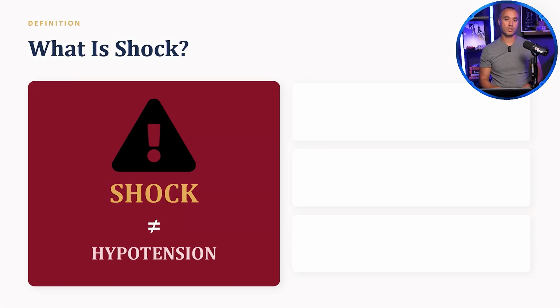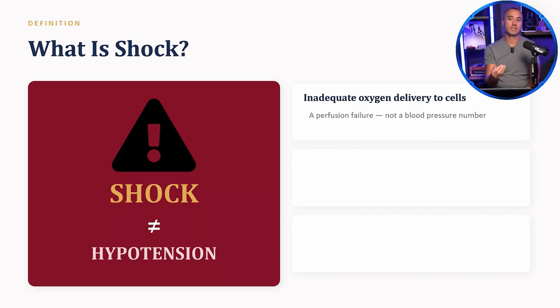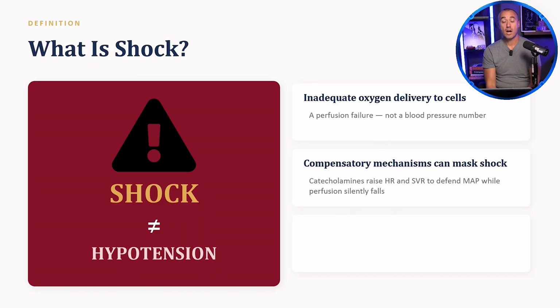All right. So as you guys correctly answered the question here, shock does not mean hypotension. All that means is that we have an inadequate delivery of oxygen and glucose to the cells. So it's a perfusion problem, and it's not a number. It's not the blood pressure we're looking at. We're looking at signs and symptoms of shock when we're treating these patients. And our body does a good job of compensating for this, right?